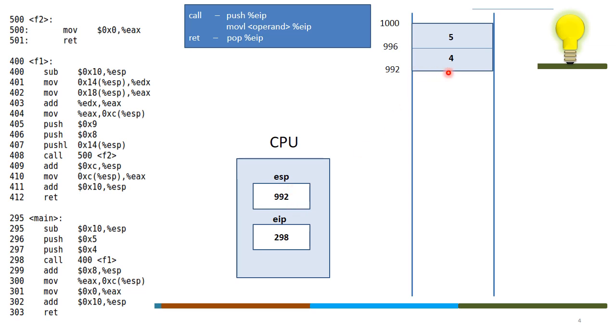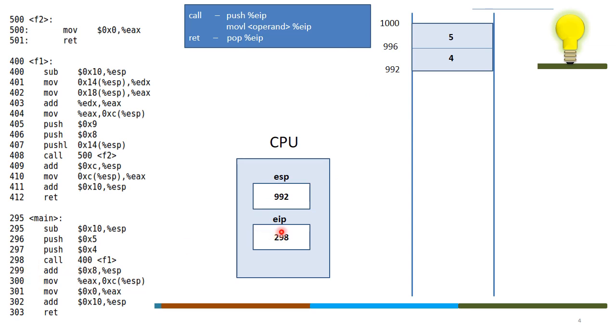That means the current stack pointer is at the address 992, and the EIP is at 298. Again, for the benefit of brevity, we have changed the addresses from what was there in the previous slide, but the rest of the instructions remain the same. It will be easy for us to comprehend. So now please remember, ESP is 992 and EIP is 298.